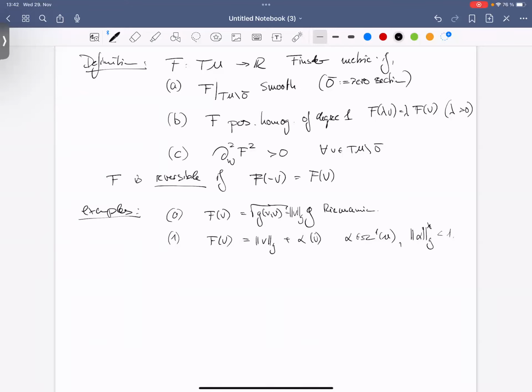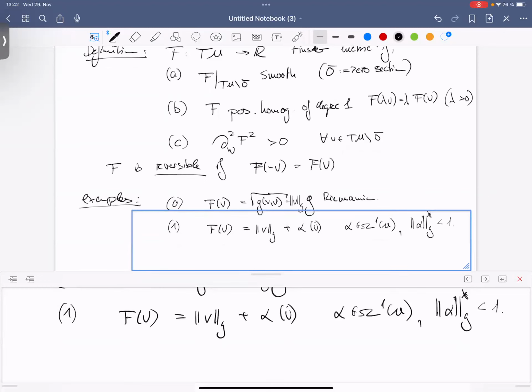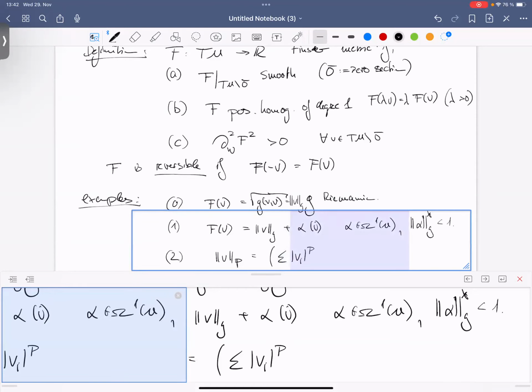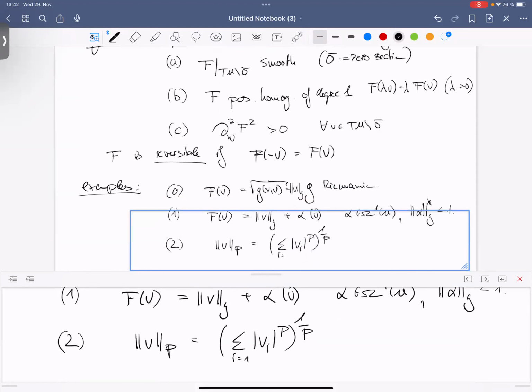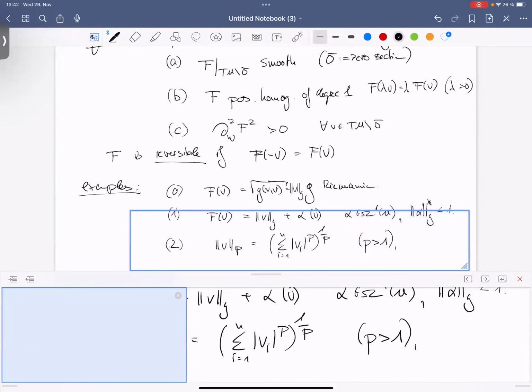And if you want something a bit further away from the Riemannian world, but not so important to us, you can take, for example, p-norms, your classical p-norms, you know, from functional analysis. In R^n, you can, of course, generalize that to, I don't know, parallelizable manifolds if you want. Here, p is some number bigger than 1, and v is nothing but the tuple v1 to vn in R^n.